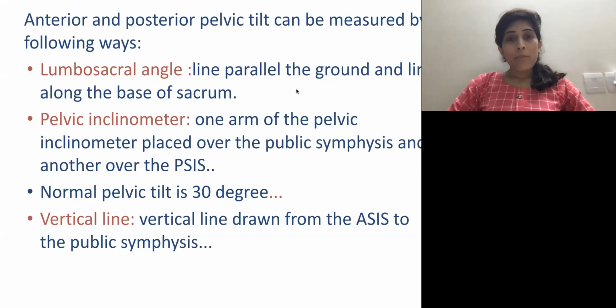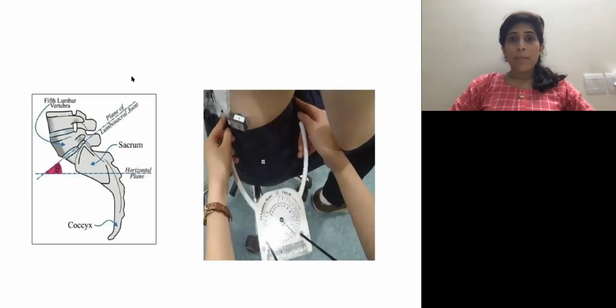So anterior and posterior pelvic tilt can be measured in many ways. Mainly three ways we use, that is the lumbosacral angle measurement, then pelvic inclinometer, and by drawing the vertical line. First we'll see the lumbosacral angle. So how to measure this angle?